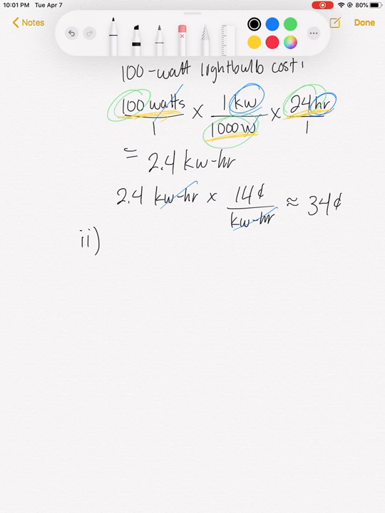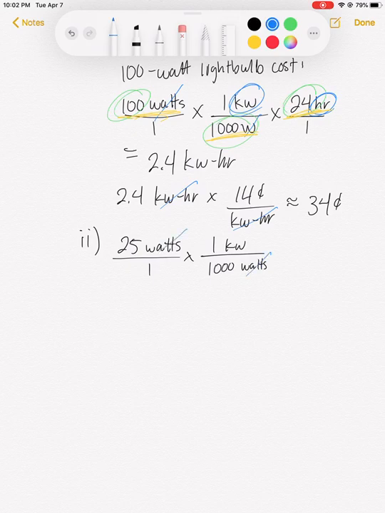So we calculate the number of kilowatt hours a 25 watt light bulb uses going all day long: 25 watts over 1 multiplied by 1 kilowatt over 1,000 watts, so the watts cancel.